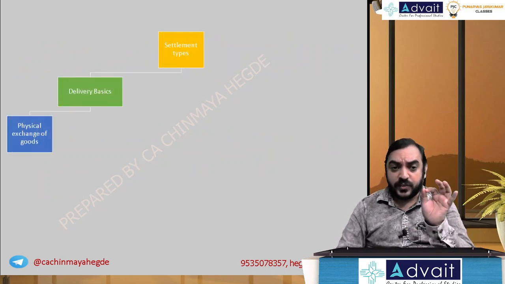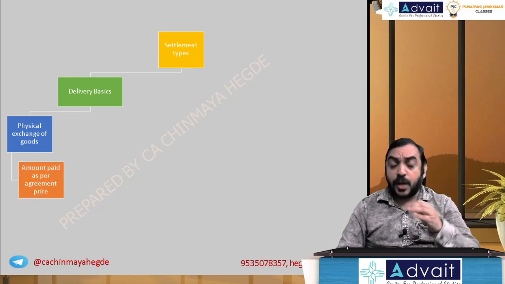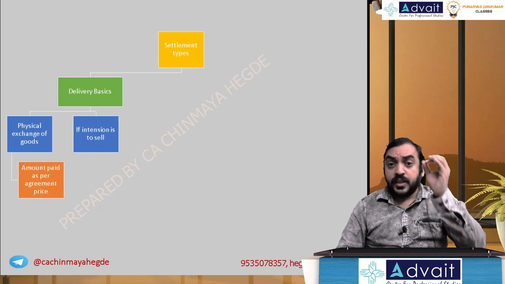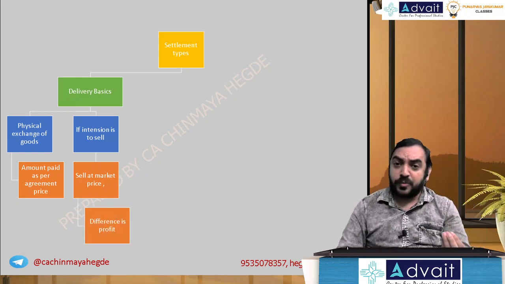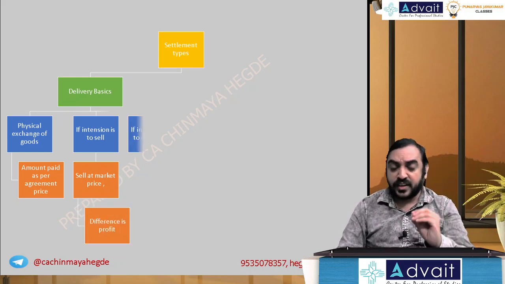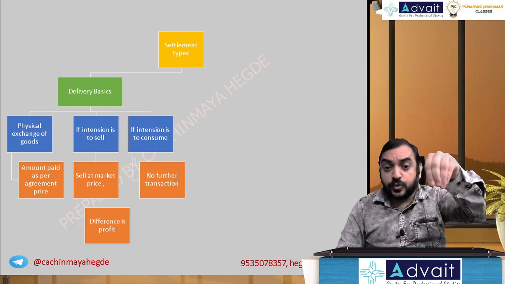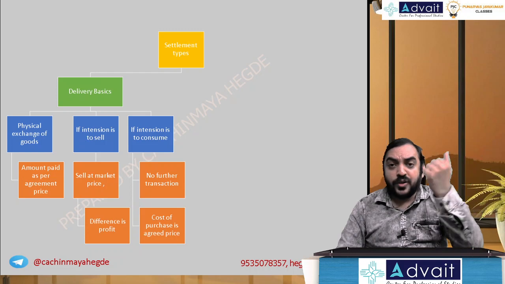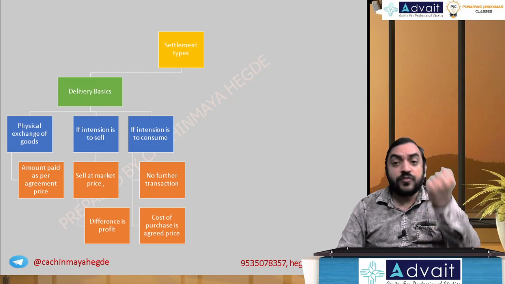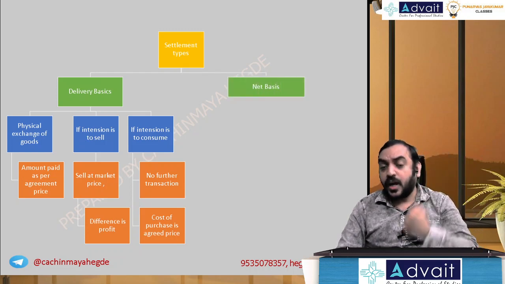Settlement by delivery basis: physical exchange of goods, amount will be paid as per agreement. If the intention is to sell at the market price, you make a profit, the difference 105 minus 100. If the intention is to consume, no further transaction. Whatever amount paid will be your cost of purchase, cost of material consumed, 100 rupees.